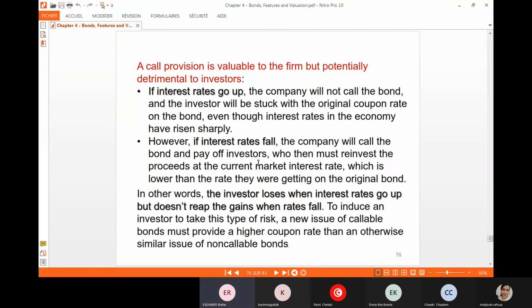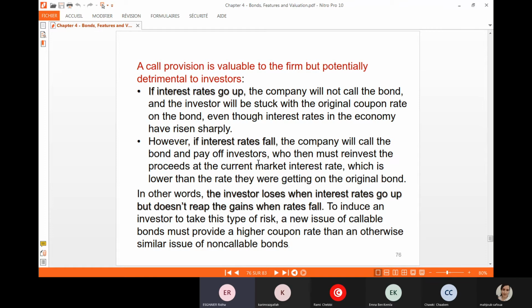Okay? Now, when interest rates go up, what will happen? Investors will profit from this. If the interest rates go up, simply the company will not call the bonds. We call the bonds to profit from the new interest low.